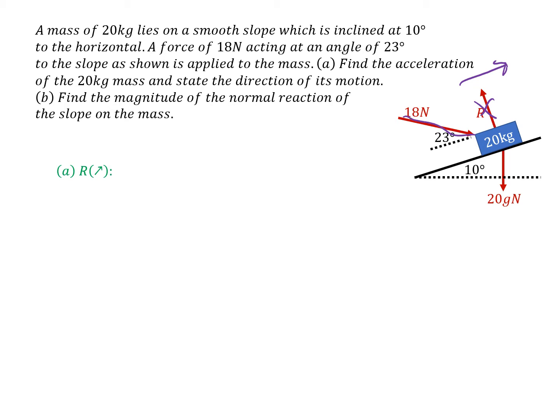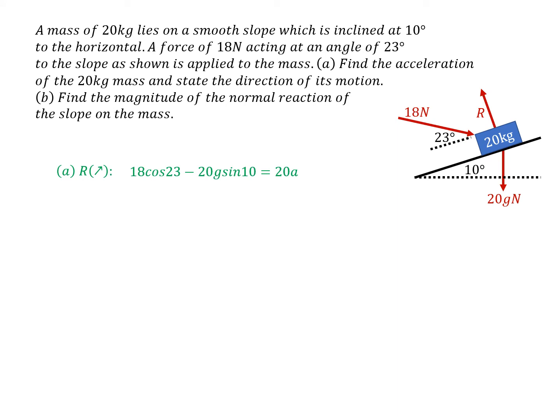The 18 newton force has a component parallel to the plane, which is 18 cos 23. And the 20g newton force has a component parallel to the plane, which is 20g sin 10.